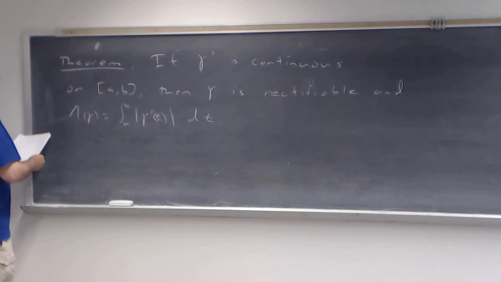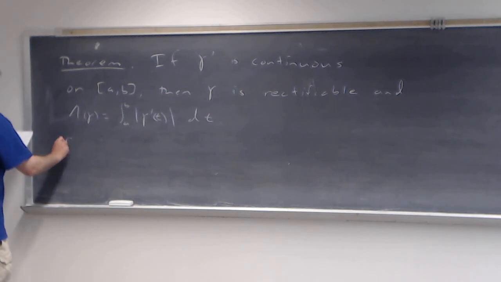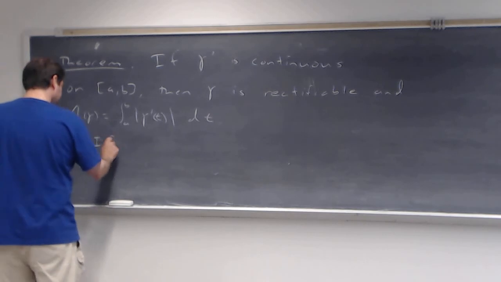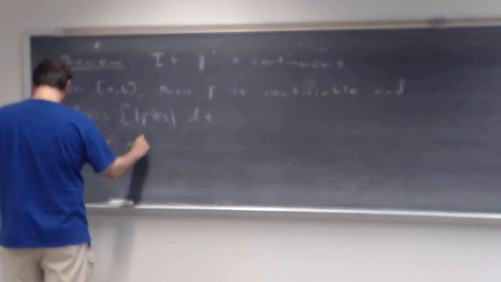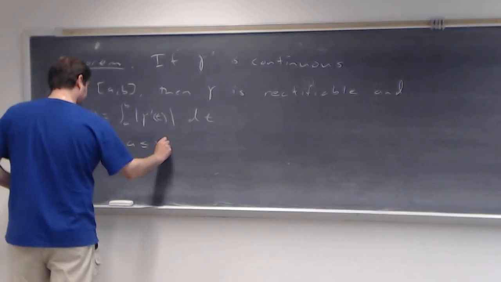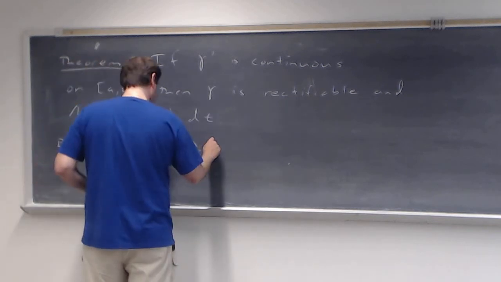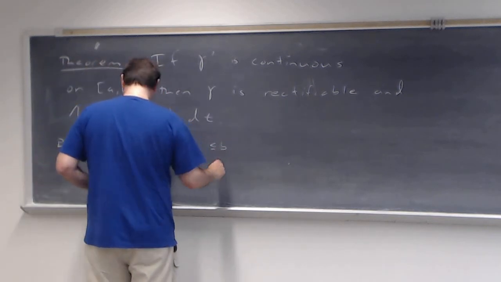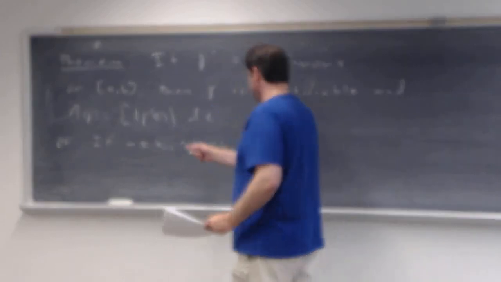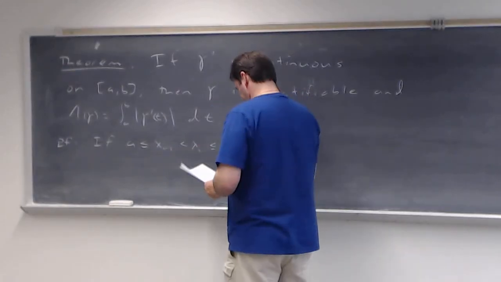All right, here's the proof. Start off by looking at these values, x sub i minus 1 less than x sub i, less than or equal to b. So these are two numbers in between a and b.